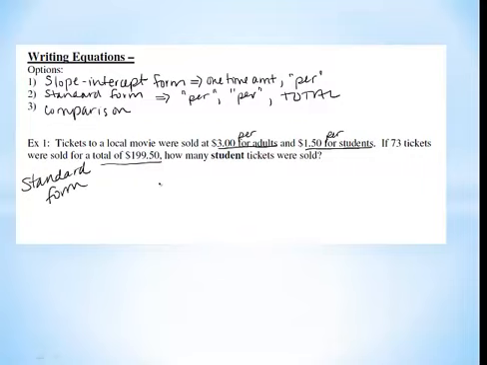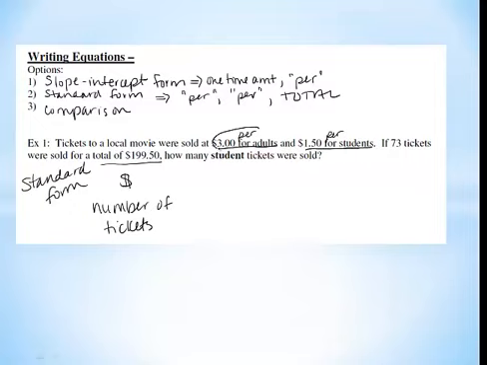And not only am I going to do standard form, but there's two different concepts here. We have one equation dealing with all money, and one equation dealing with the number of tickets. So let's go ahead and take a look at the money problems.